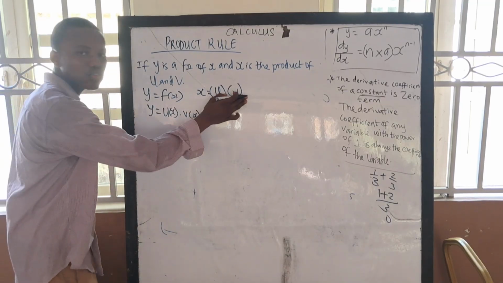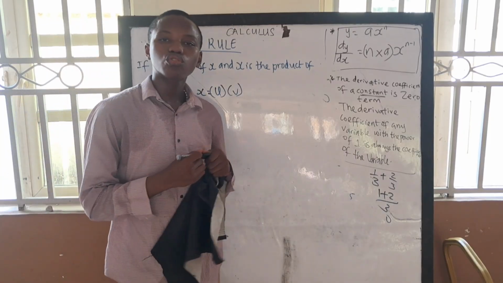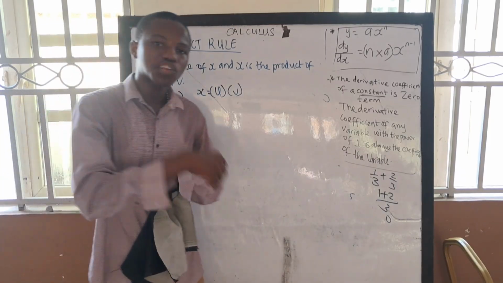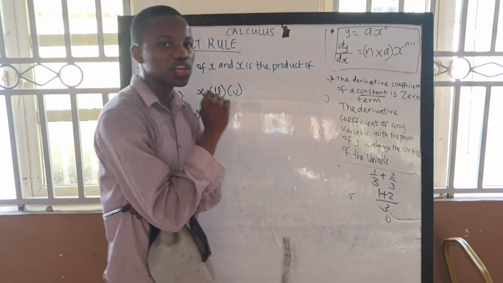Because my x is the same as u times v. So if you have a question in this case, you make use of your product rule to differentiate.